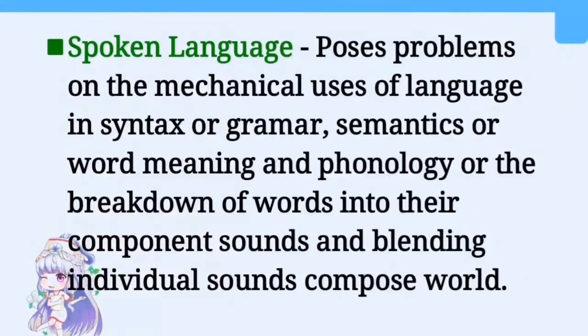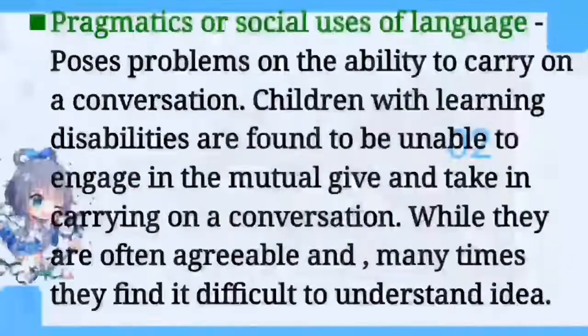Next one is spoken language. They have problems with the mechanical uses of language: syntax or grammar, semantics or word meaning, and phonology, the breakdown of words into their component sounds and blending individual sounds to compose words. Next is pragmatics, or social uses of language. They have problems with the ability to carry on a conversation. Children with learning disabilities are found to be unable to engage in the mutual give and take of carrying on a conversation.